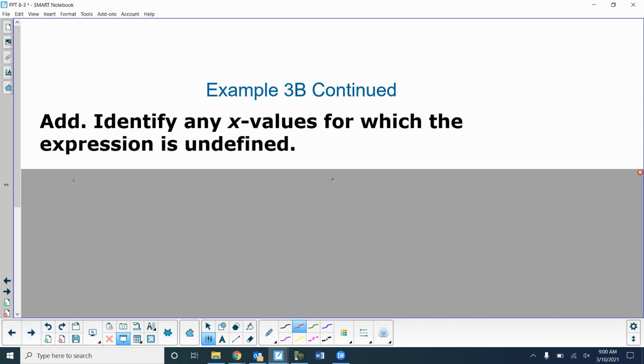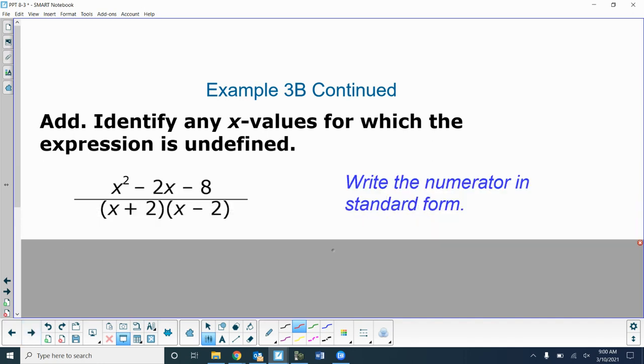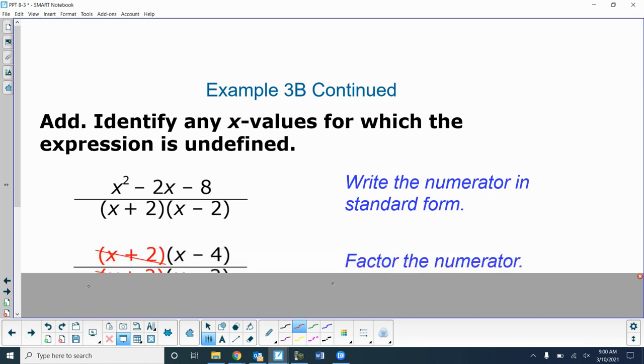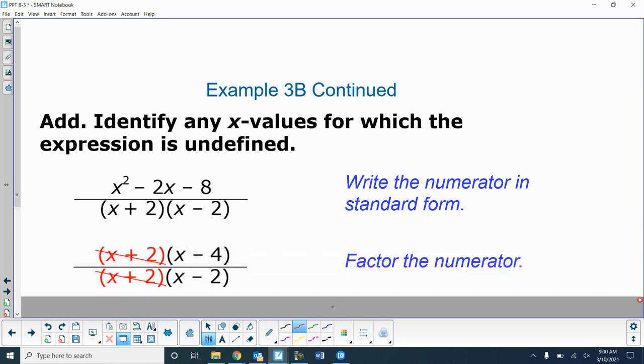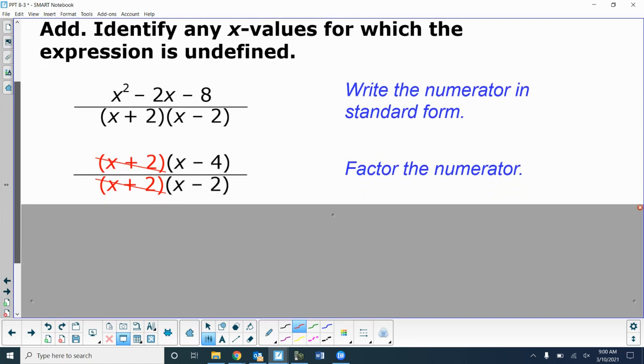It's on the next page. Are there factors of -8 that add up to -2? Good. Guess what? We can simplify. What's my answer? X minus 4 over x minus 2.